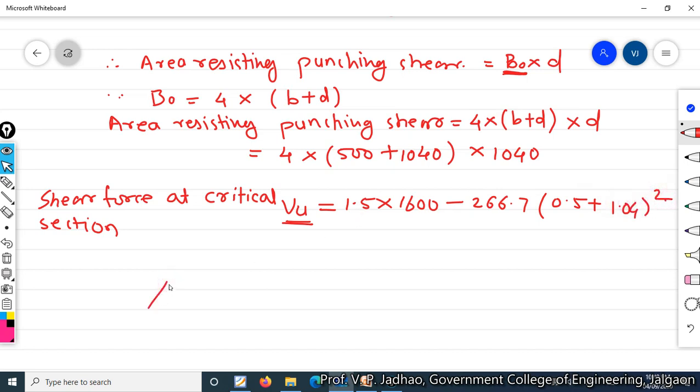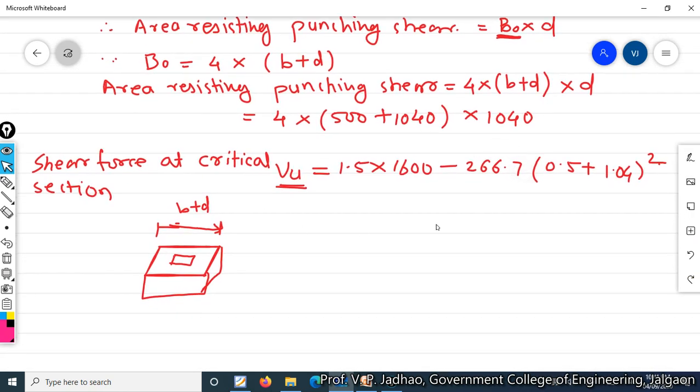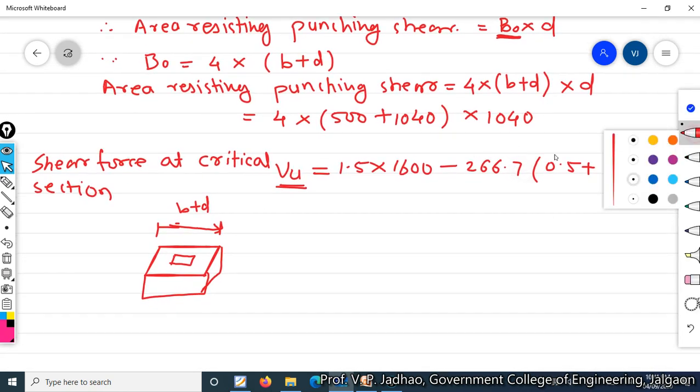How has this come? If this is our footing, considering only the critical section, this width will be small b plus d. This is our column, and some load will be coming from here.